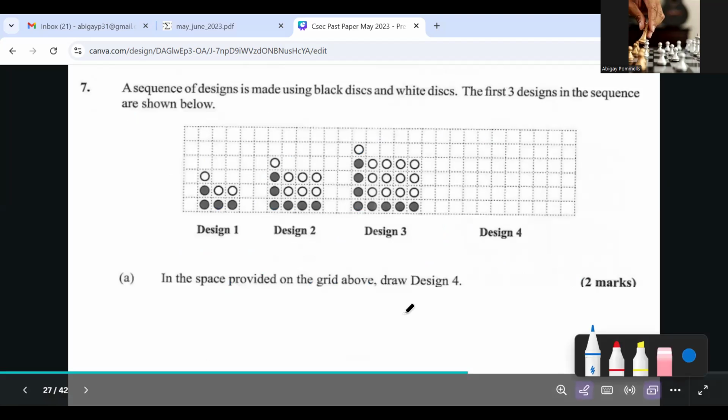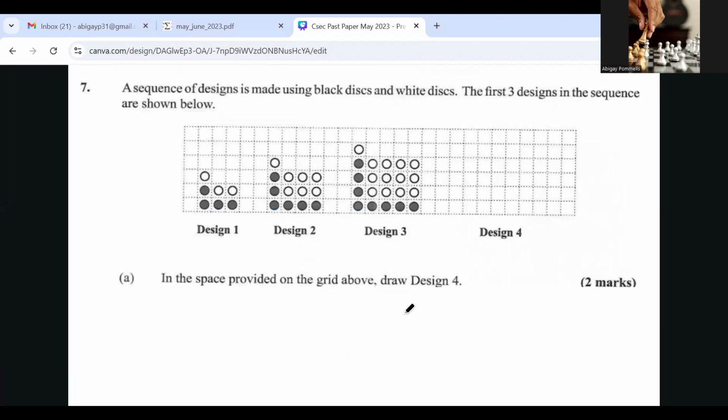All right, going on, we have a sequence paper. We are at question 7 out of 10. A sequence design is made using black discs and white discs. The first 3 designs in the sequence are shown below.